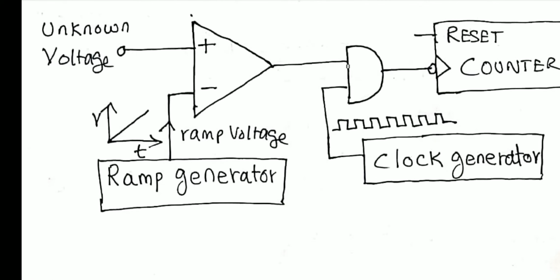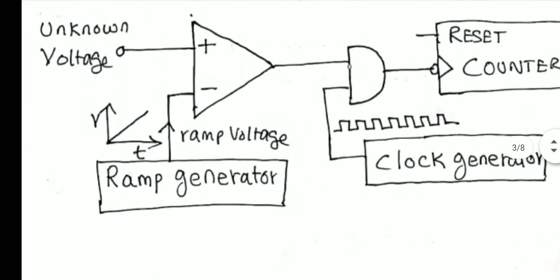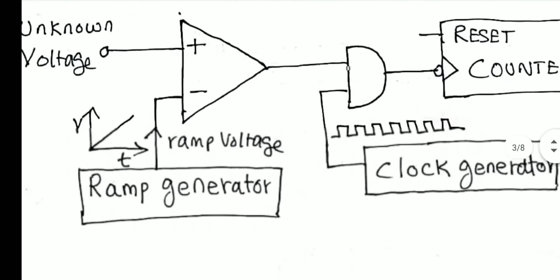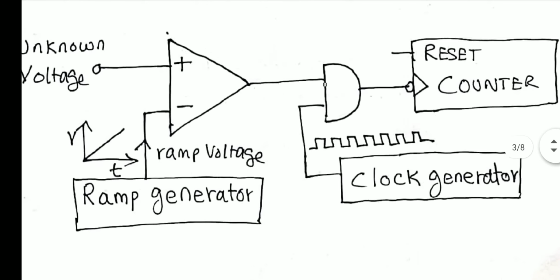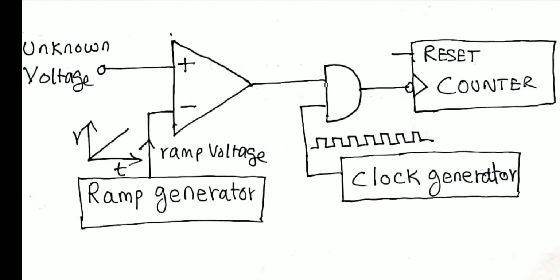So one input of the AND gate is high. Hence the AND gate permits the clock pulse to pass through it, and the clock pulse comes at the output of the AND gate. This clock pulse is given to the clock input of the counter, which is a negative edge triggered counter.